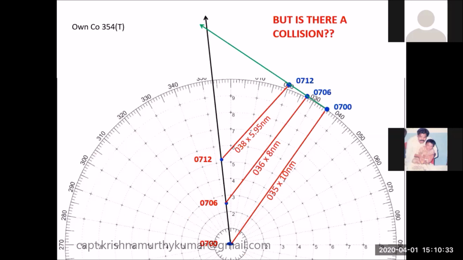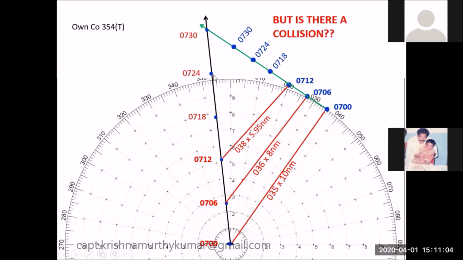But is there a collision? Just think on it. If you continue this plot, how will you find out if there is a collision or not? So keep plotting till you meet.